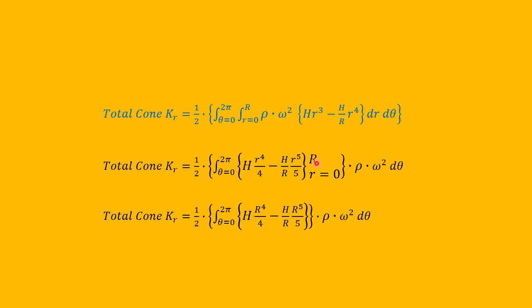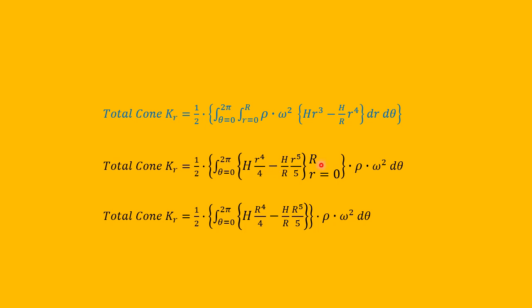When we plug little r equals capital R into this thing, then substitute little r equals 0 into this thing, and subtract those two things, after just a little bit of algebra, what you will find out is this stuff evaluated at these two limits and subtracted just gives us h times capital R to the fourth minus h over capital R to the fifth over 5.